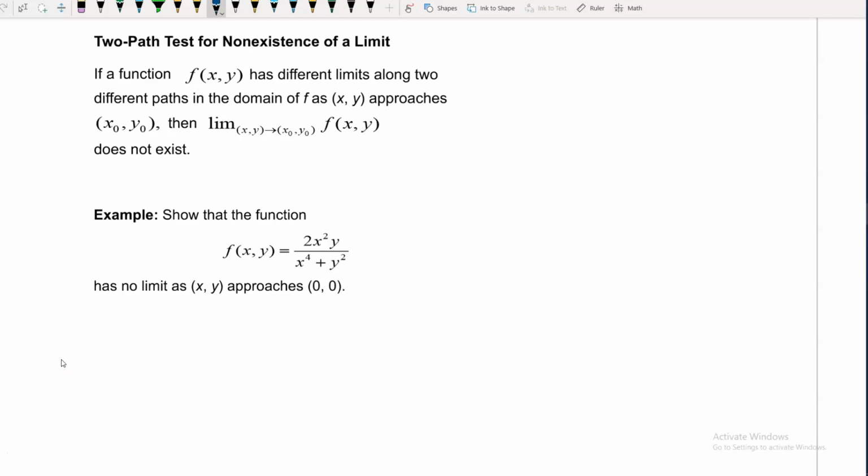Let's find two curves such that as we approach the origin, we end up with different limits. First, let's look at the curve y equals x squared.